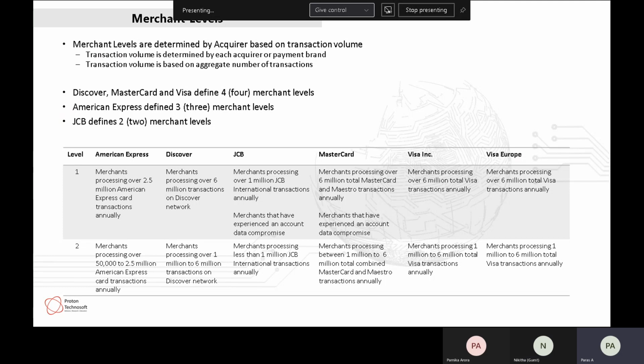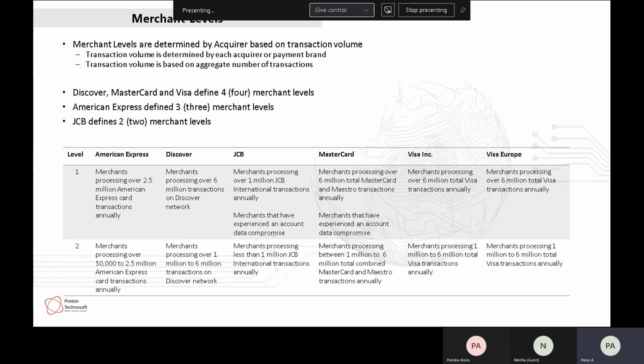Different payment brands have different merchant levels defined. For example, Discover, MasterCard and Visa have defined 4 merchant levels. American Express has defined 3 merchant levels and JCB has defined 2 merchant levels. So these are the merchant levels defined by the respective payment brands.